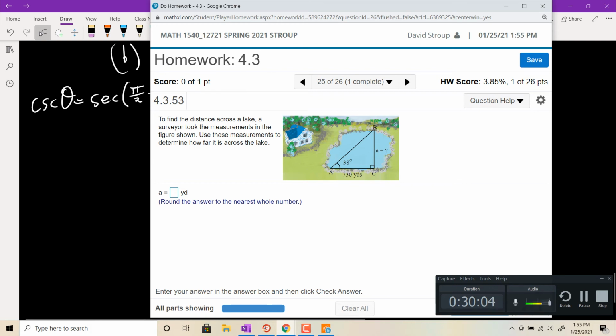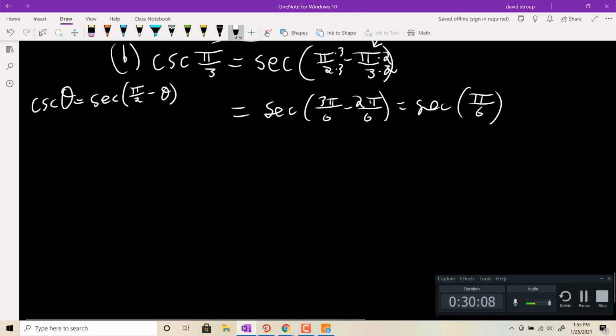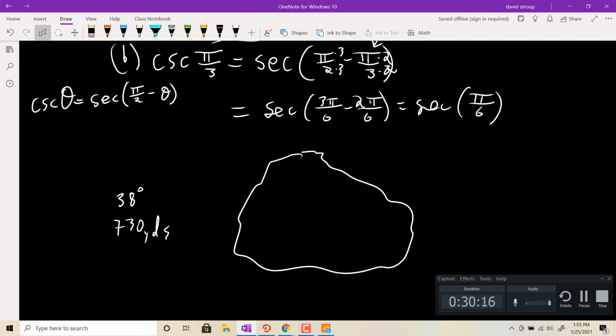Okay, so they give us some information about the lake, 38 degrees, 730 yards. So they have some sort of lake and a right triangle pictured there. This angle is 38 degrees.